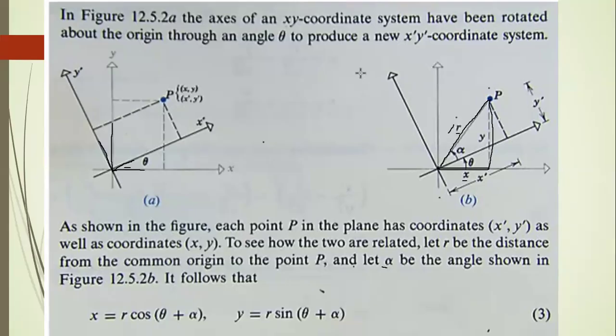So I'm making a formula with the information that we have. x is equal to the hypotenuse, which is r, times the cosine of the angle. The angle would be not just alpha or theta alone, but the sum of both of them. That is why we have theta plus alpha here.